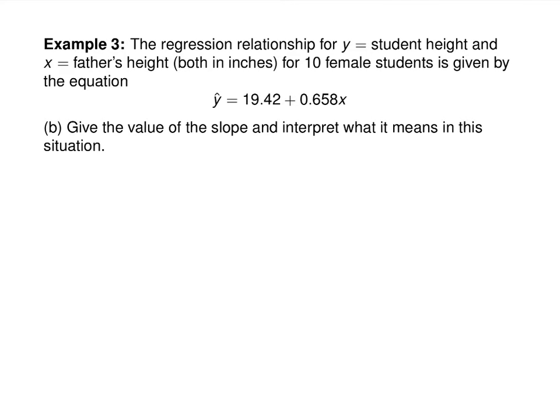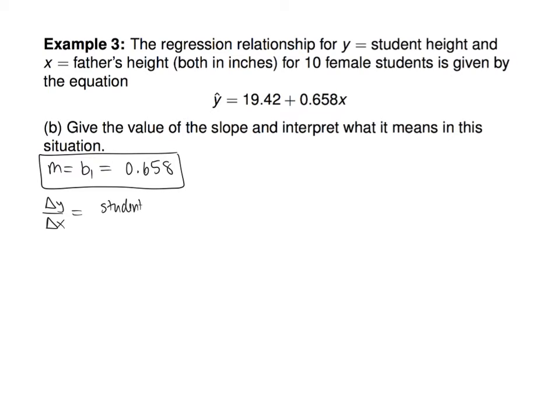Give the value of the slope and interpret what it means in this situation. So the slope, m or b1, is 0.658. And recall that that's delta y over delta x. Now y is the student height. X is the father's height.